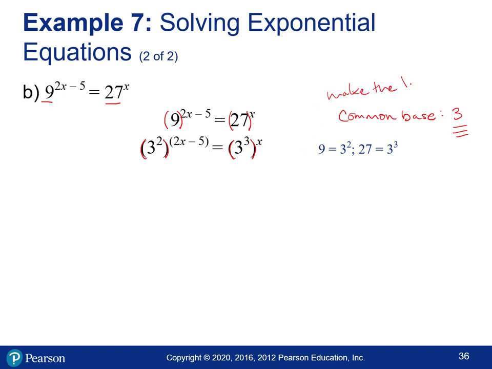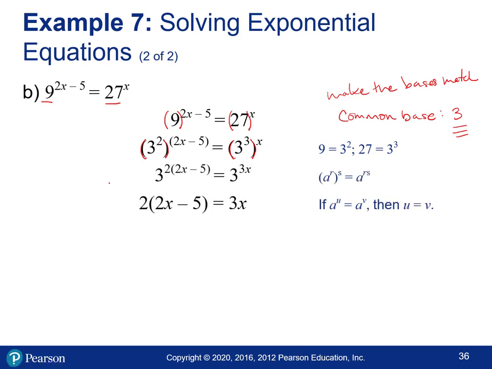Make the bases match. Now that they match, you do want to do a little bit of simplifying, and then we can go ahead and drop the bases. Okay, so this step here is a simplify step. We have a rule for exponents that we're going to use twice, once on the left and once on the right.